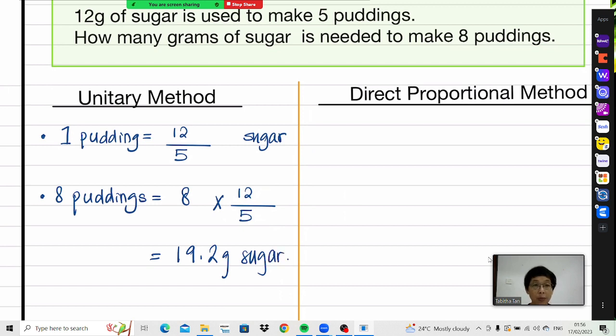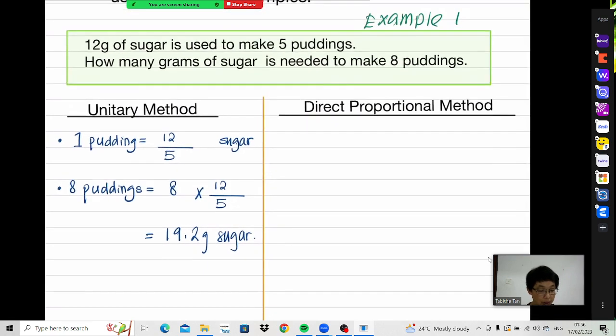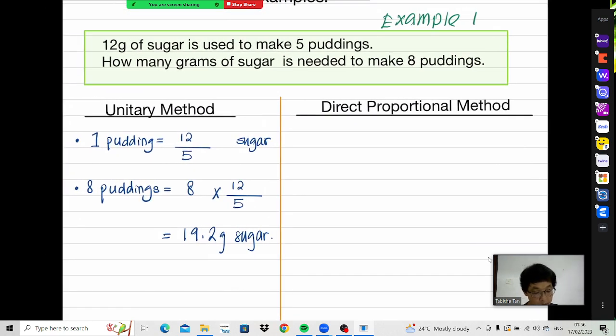The direct proportional method is simply this: you are interested in sugar, and what is its ratio to pudding. So just put down sugar and pudding.